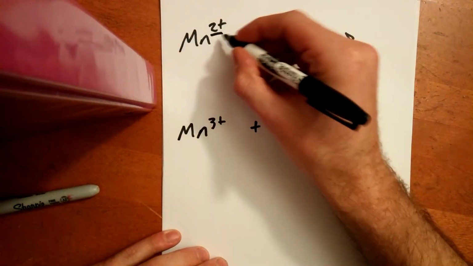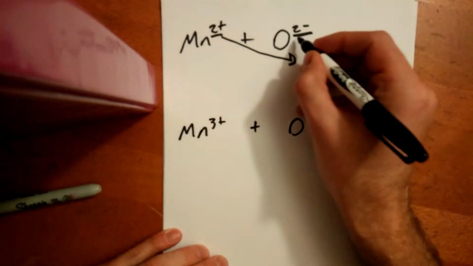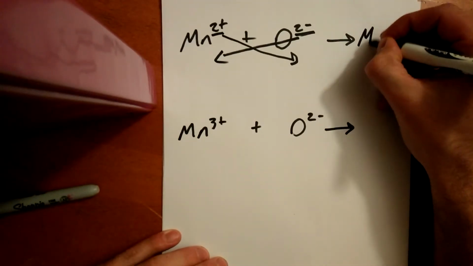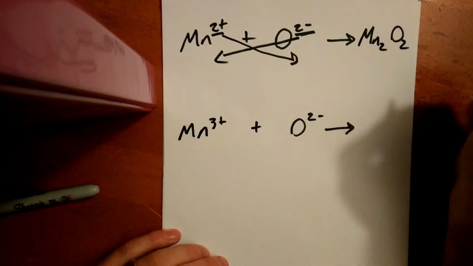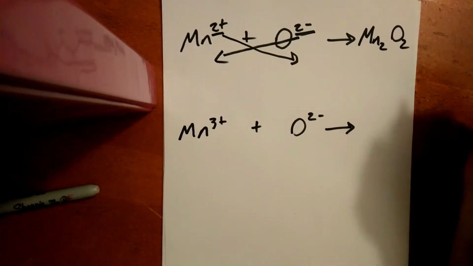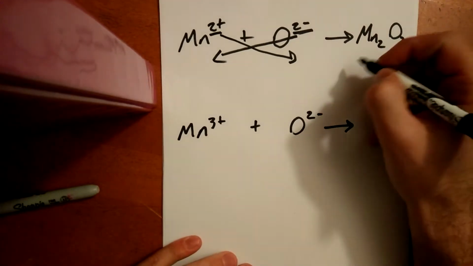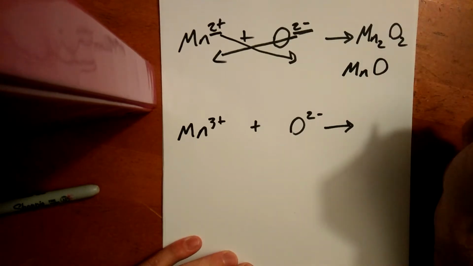You have a 2 up here, so bring that down, and you have a 2 over here, bring that down. So our result would be Mn2O2. But in this case, because they're both 2, we can reduce that and just say manganese oxide.